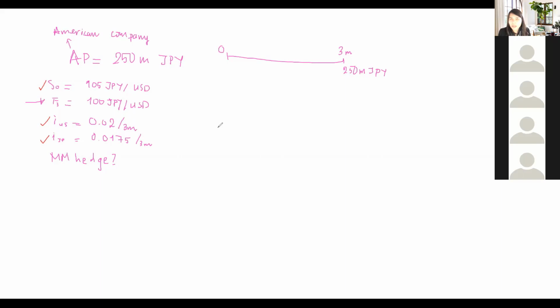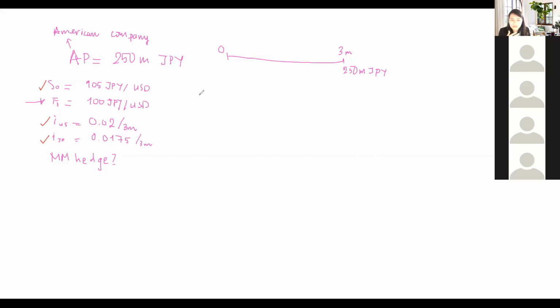So as I mentioned before, with the lecture slides, you've got the step-by-step instructions of what to do for hedging an account payable versus an account receivable. This semester you've got an open book exam because it's an online exam, so I don't think it's a big problem for you.